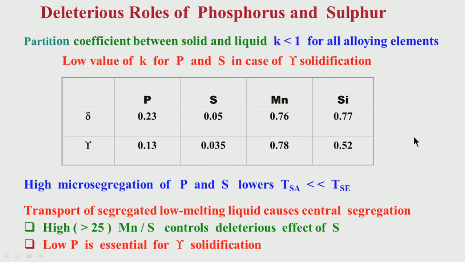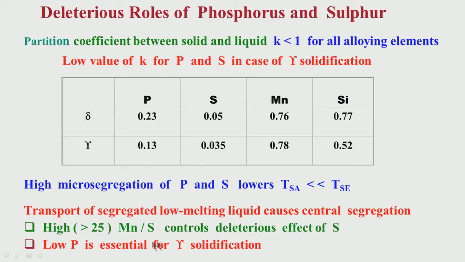If you do not have sufficient manganese, sulfur will combine with iron to form iron sulfide, whose melting point is relatively lower. If you have some manganese in steel, sulfur will preferentially combine with manganese rather than iron, and the melting point of manganese sulfide is relatively higher compared to iron sulfide. So, we do not have iron sulfide in steel.